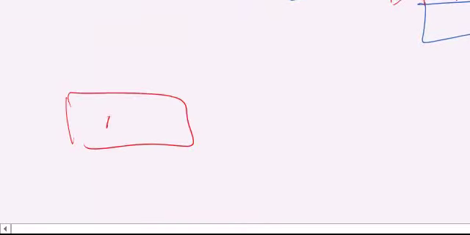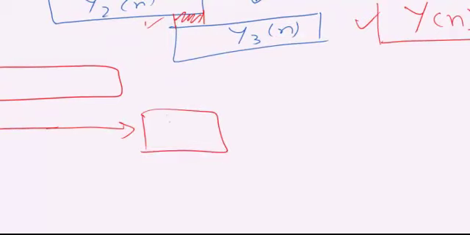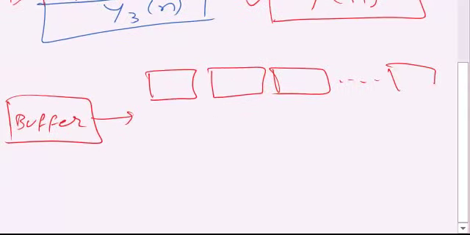If this is the ADC, then you have the long data sequence here, and it goes to a block called Buffer, which breaks down or buffers the data into smaller blocks. For the block diagram that we showed you, we had only 3 blocks, but depending on the size of the input, you may have other blocks as well. So make sure you configure the buffer properly.